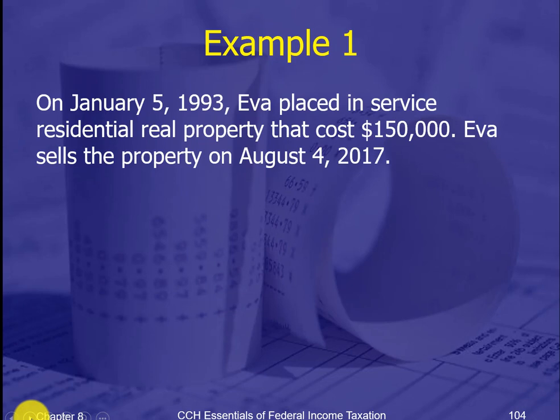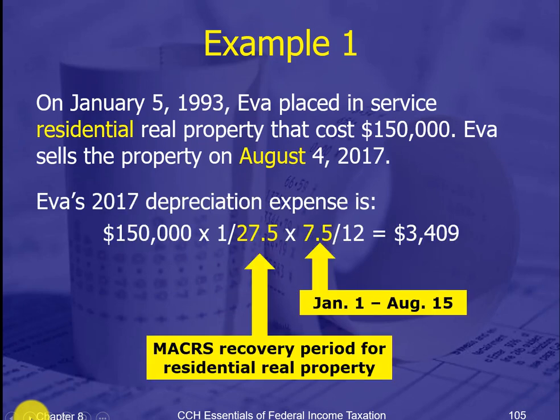So here's an example. Residential real property sells a property on August 4th, 2017. So she bought it a long time ago. And so in the last year, we have to assume the mid-month because that's part of the process.